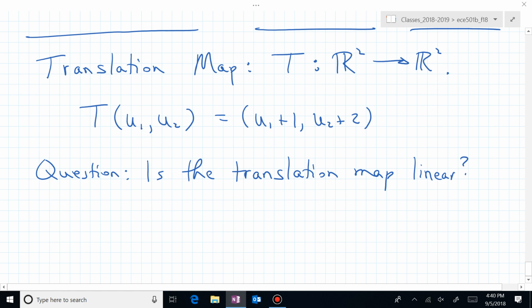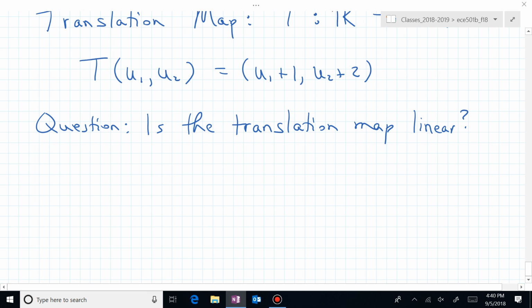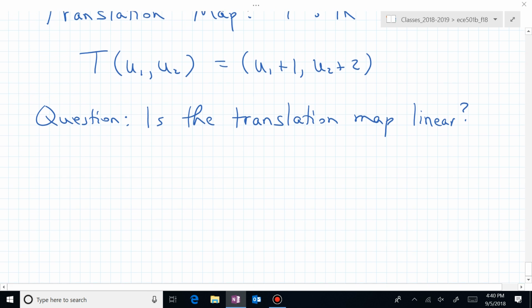But now we have this slightly different twist on linear, because now what do we need things to preserve? Additivity and homogeneity. So now we can actually find a pretty easy counterexample to this and show that it's not a linear map.